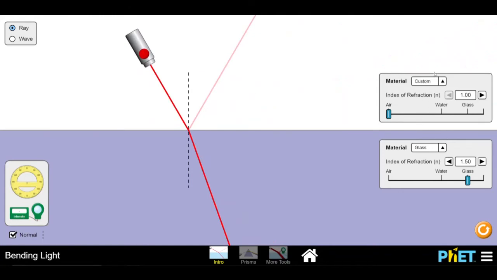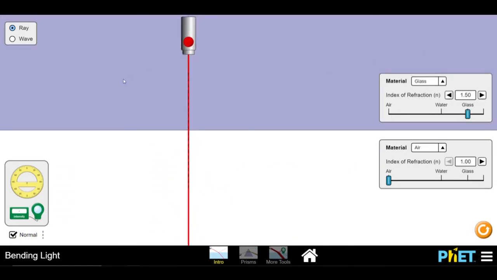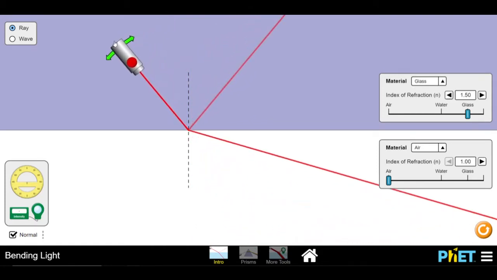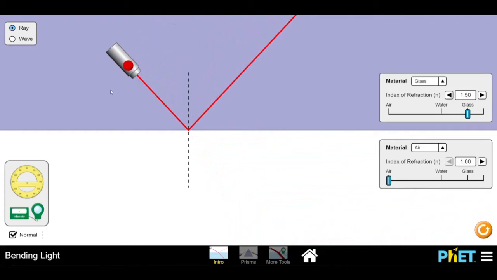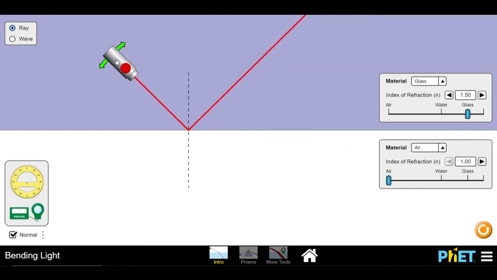So what we'll do instead is move that one back to being air, and let's say that we start in glass. So we'll start here. This is sort of our equivalent, and as we move this around, we eventually hit a point where some light is refracted through and some is reflected, but then you hit a point where there is nothing.